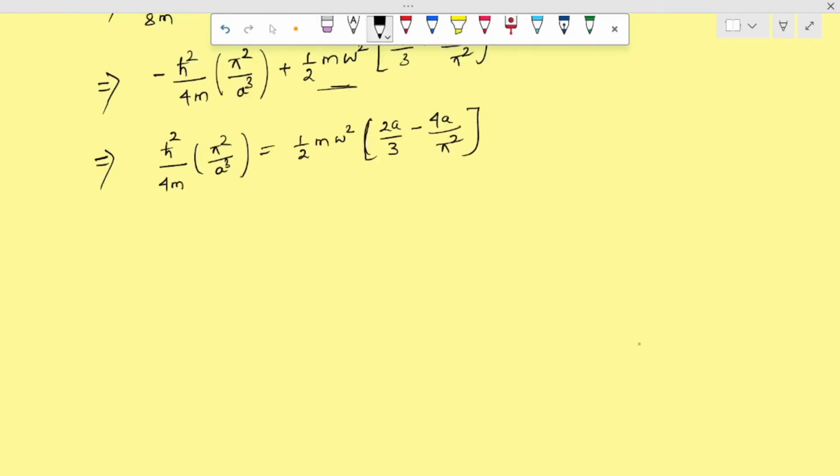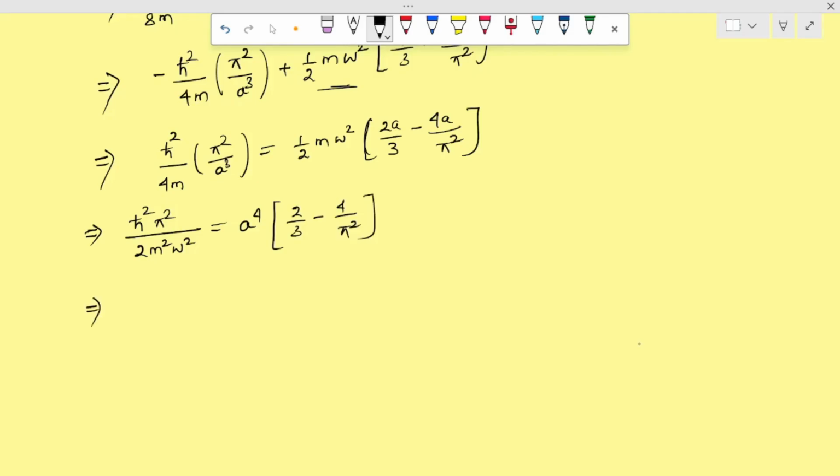So that implies, here you can see this 2 got cancelled. We get 2m, and mω² will be moved to this side. So the left-hand side will be ħ² π² by 2m²ω², and this a³ moved to this side, multiplied with this a. Here a we can take common from these two terms, so it will be a⁴ times 2 by 3 minus 4 by π².